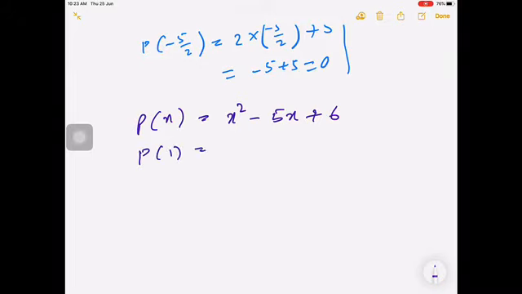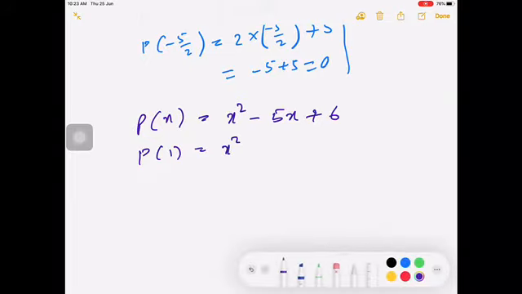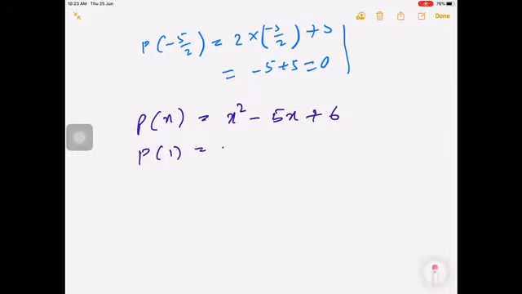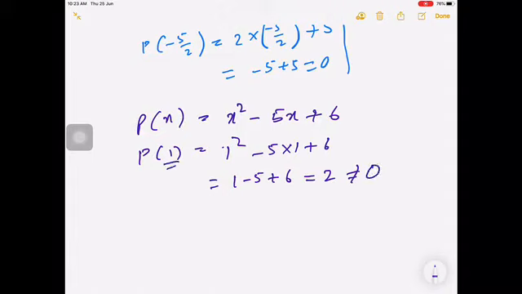You will see that p(1) is equal to 1 square minus 5 into 1 plus 6, that is equal to 1 minus 5 plus 6, and you see it is not 0. It becomes 6 plus 1 is 7 minus 5, it is 2. This is not equal to 0. So 1 is not a 0 of this polynomial.